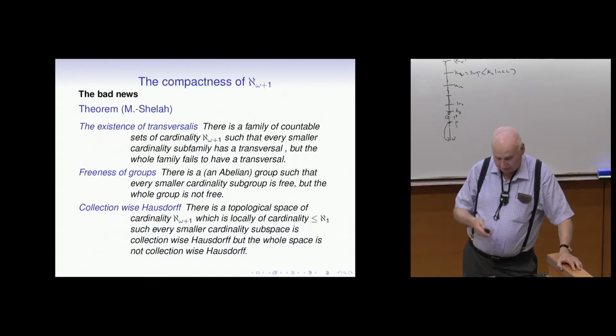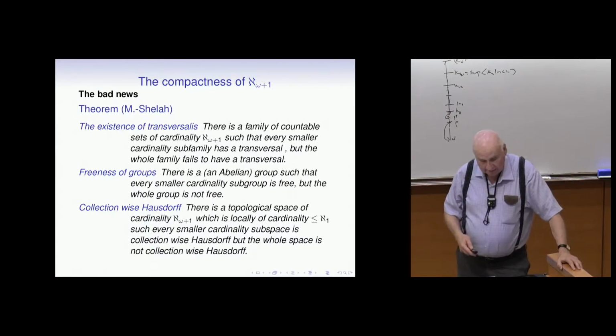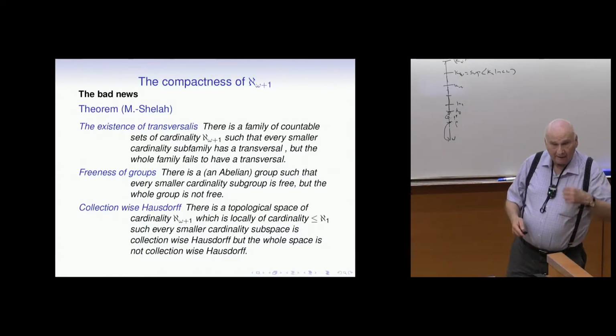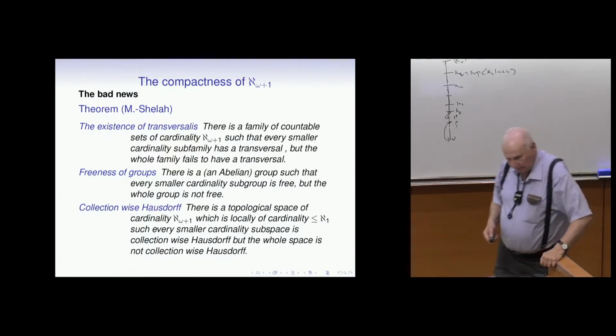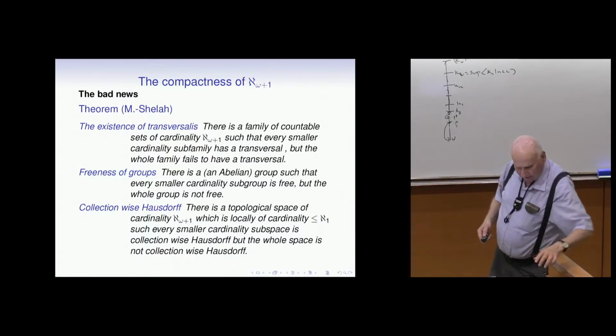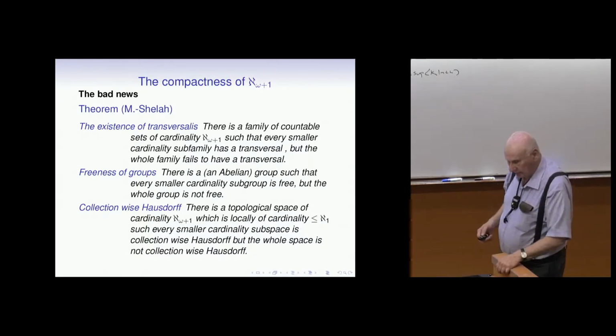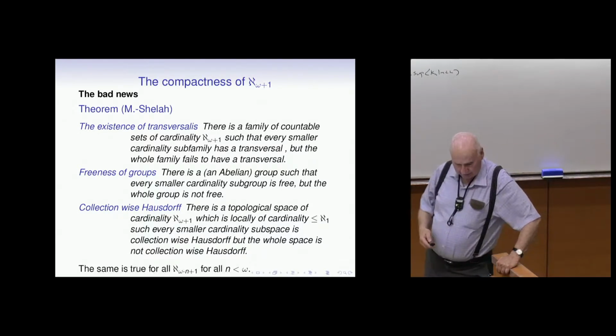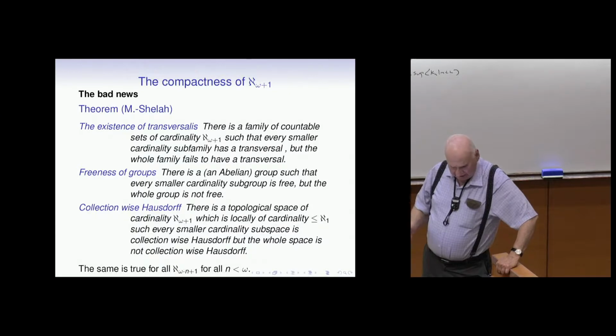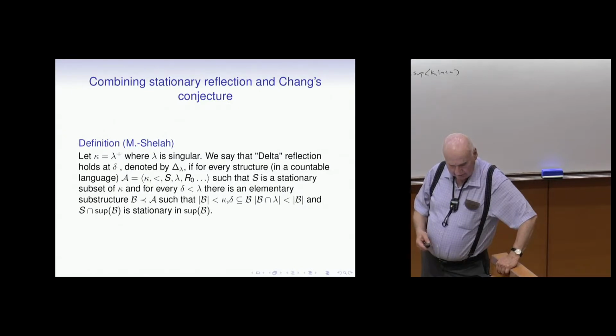So these are things for which Aleph Omega plus 1, as a theorem of ZFC, fails to have compactness. By the way, these are all prototypical examples of many other reflection properties. And by the way, the same is true for Aleph Omega times n plus 1 for n less than omega.